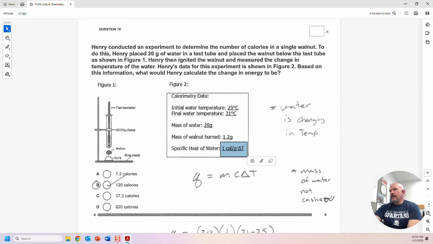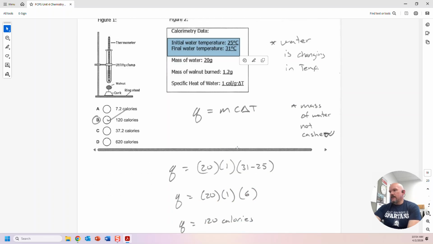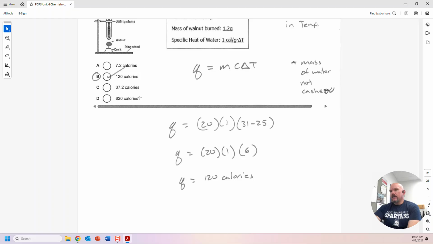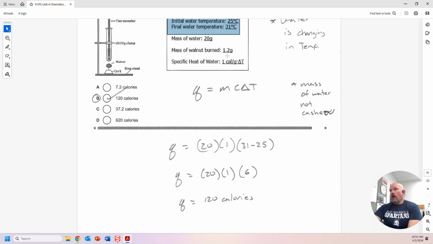And then our ΔT, we have to find it in the data here, final minus initial, so that was just 6 degrees, right? So we do our math and it comes out to be 120 calories. So in that 1.2 gram sample of the walnut, there's 120 calories. So that walnut has that many calories, basically.